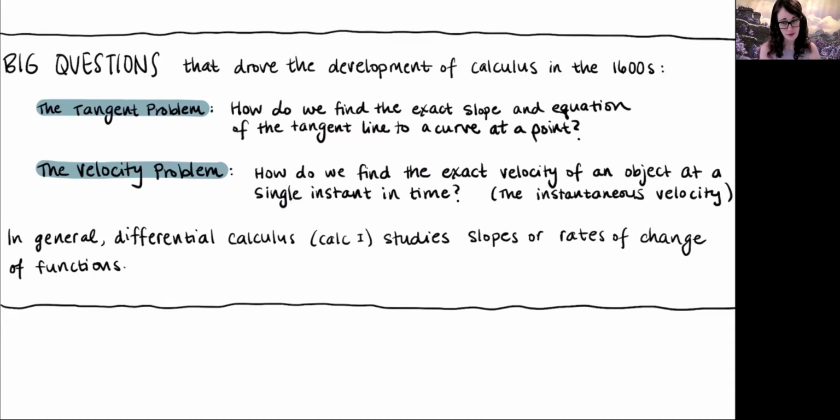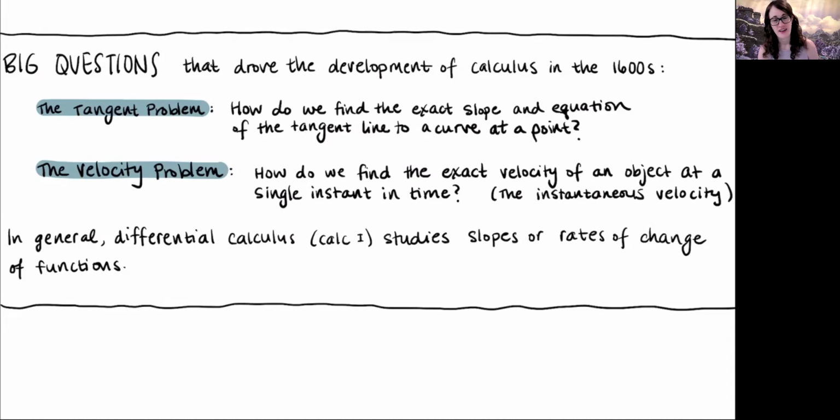And to find slope, we need 2 points, right? It's change in y over change in x. At a single point, there is no change in y and there is no change in x. So this will give us a slope of 0 over 0. And so this was a difficult question for people to try to answer.